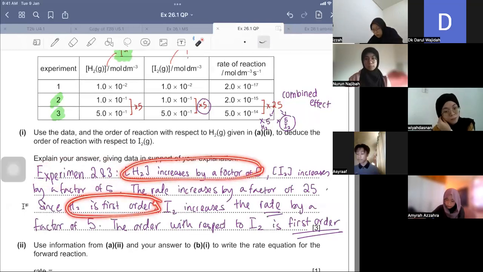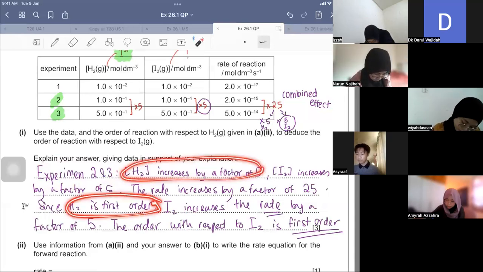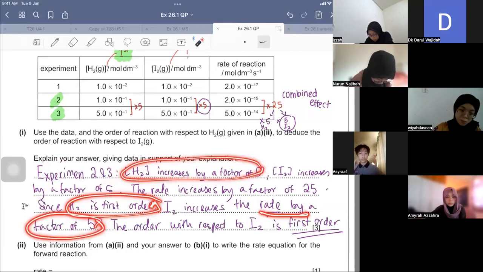So that means if it increases by a factor of 5, the rate also must increase by a factor of 5. So that's your second mark. Your third mark, the effect of iodine specified and linked to first order. So we say that iodine increased the rate by a factor of 5. So that's our third mark.